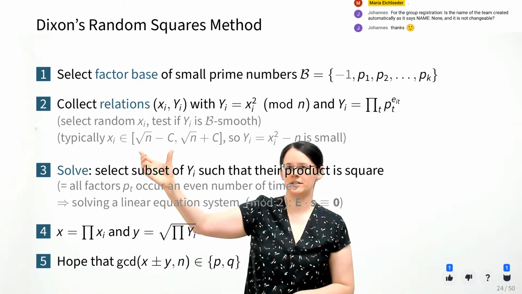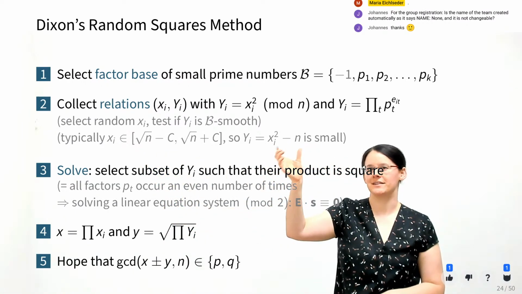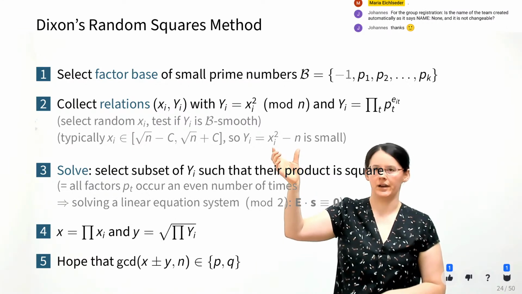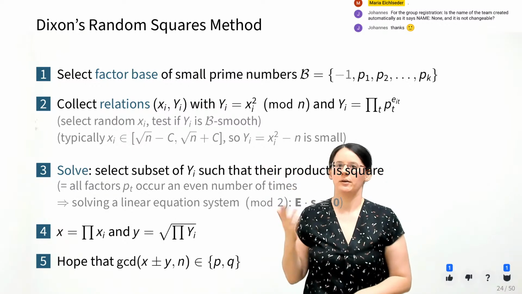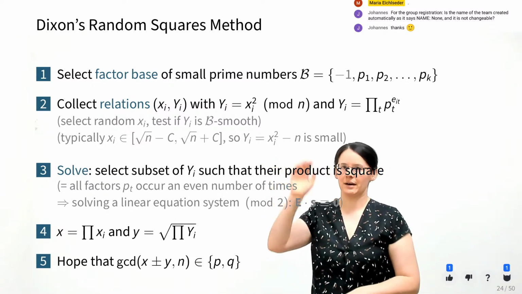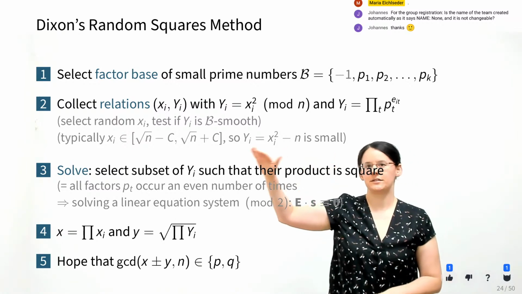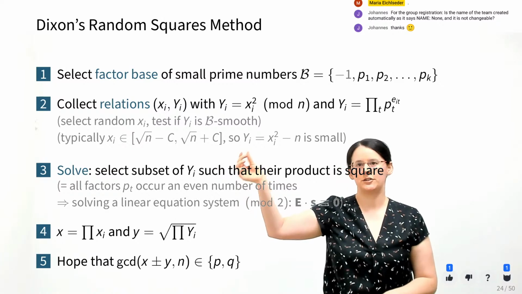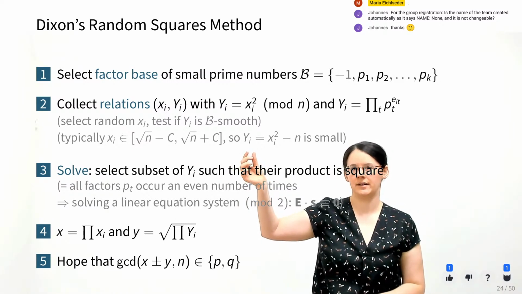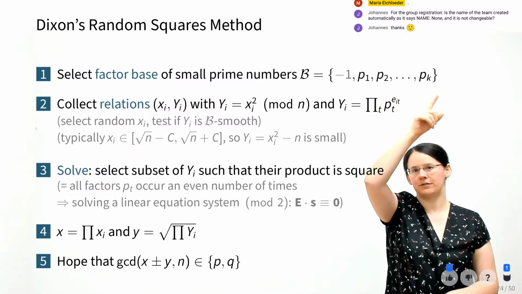What we do instead is we look at the smallest negative equivalent number, something close to 0 but below 0. We get this by simply squaring the number and subtracting n. So if we do this for all our x's in this interval, we get many small values y, and likely many of them can be factored using only these factors here.